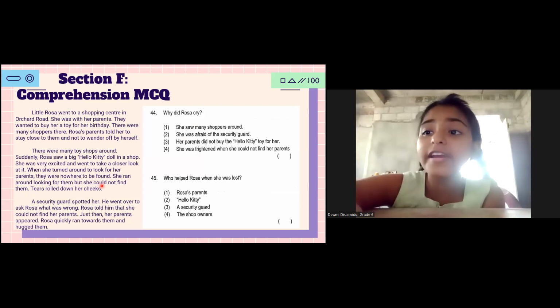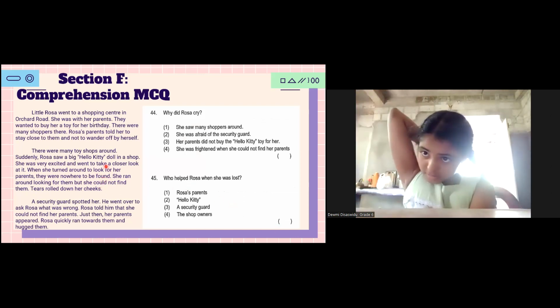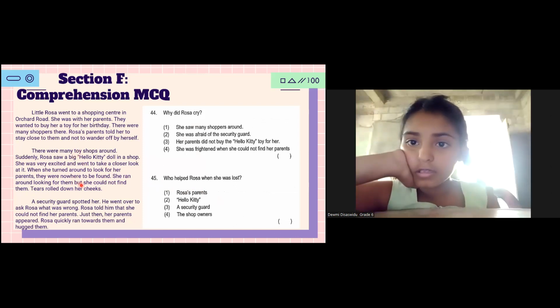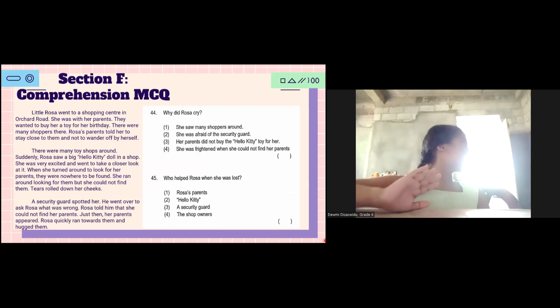Yes. She cried. Yes. Well done. Very good job. Okay. So again, we check our understanding after reading the passage. All right. So now the last paragraph.